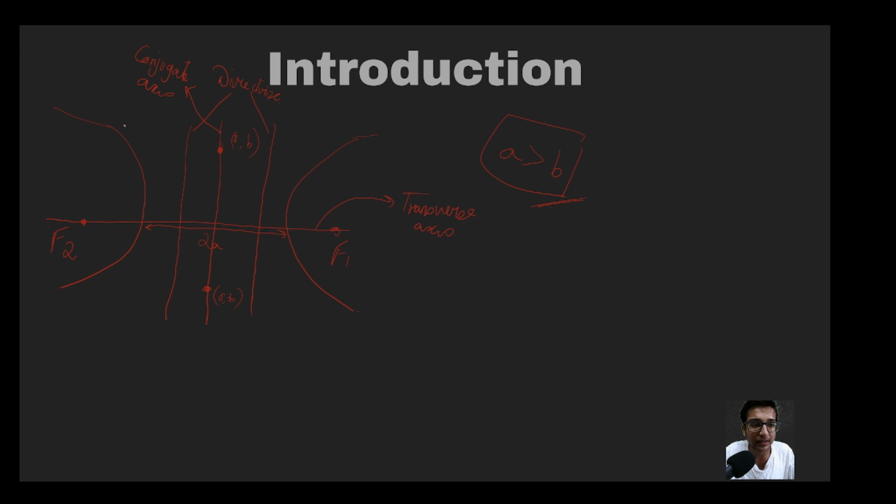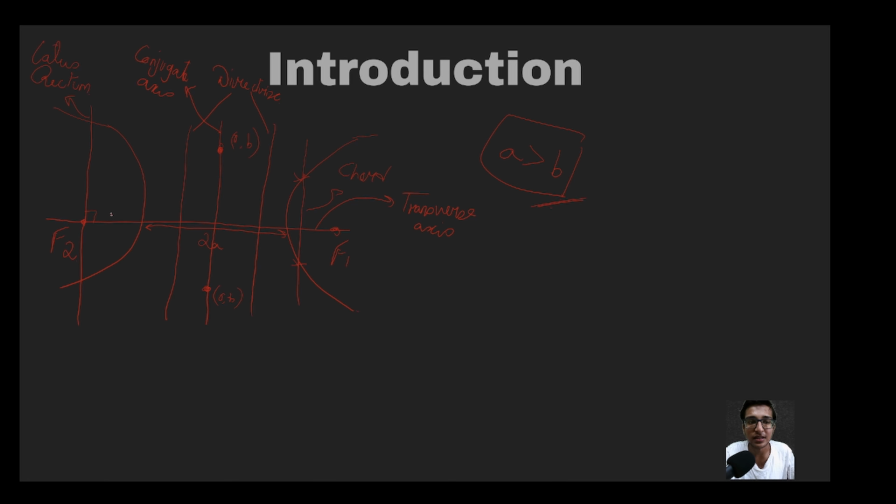If there is a line that cuts the hyperbola at two different points, then this is known as a chord, and if that chord passes through the focus and is perpendicular to the transverse axis, this is called latus rectum, again an important term for hyperbola as well.